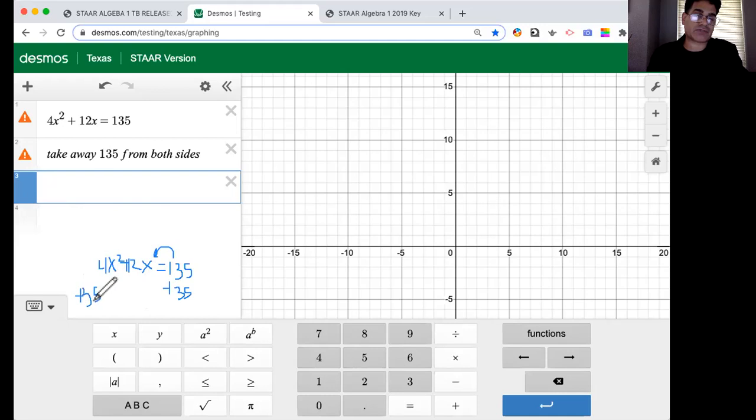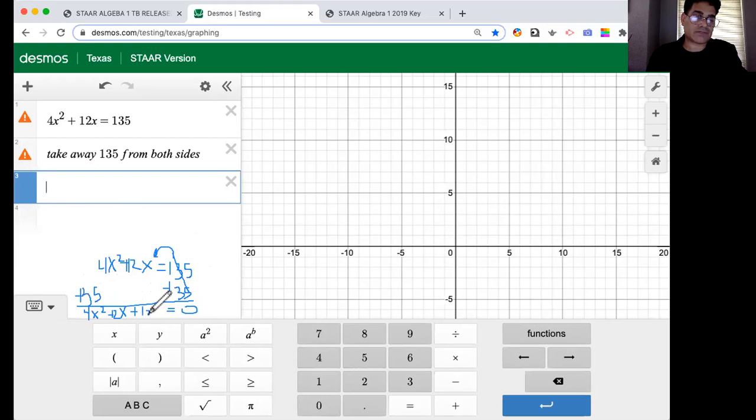We want to remind ourselves where it came from. So we cancel that out. We're left with a 0 on this side, and we're left with 4x squared plus 12x plus that negative 135.